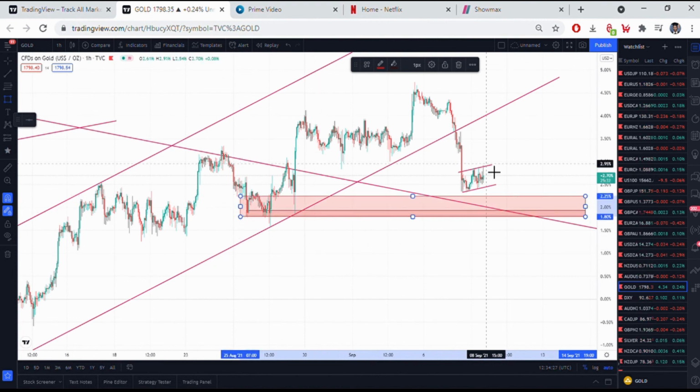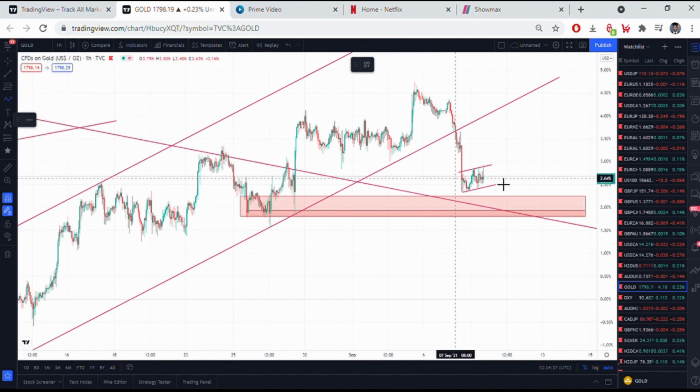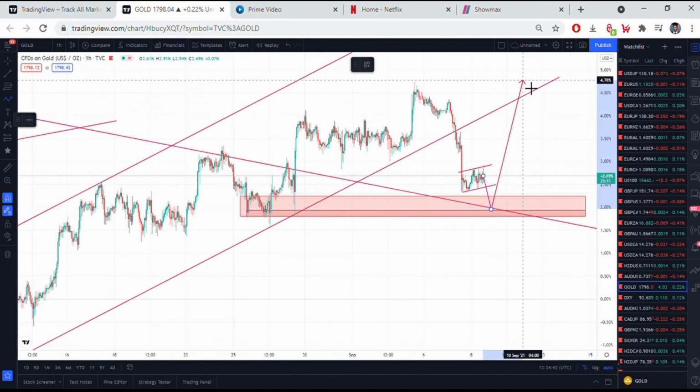Because guys, a rejection level or support and resistance is not a line, it's a zone. So it might come here, push to the downside, respect this level, then go back and continue going up.